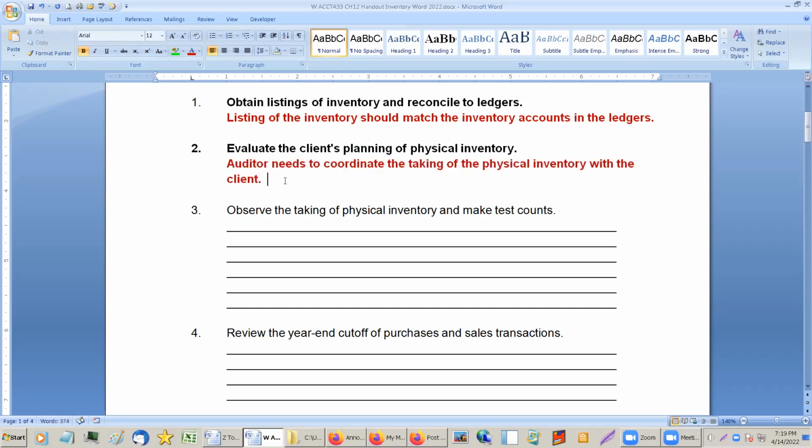So when they take an inventory, who's going to be there? The people who actually take the inventory are going to be the operations people. You're going to have the accounting people there. You're going to have the external auditors, and the internal auditors usually.